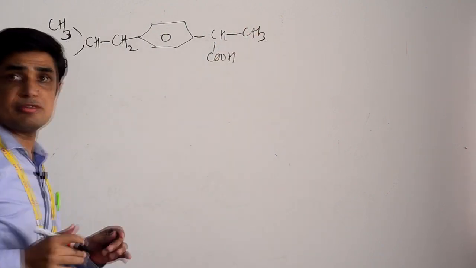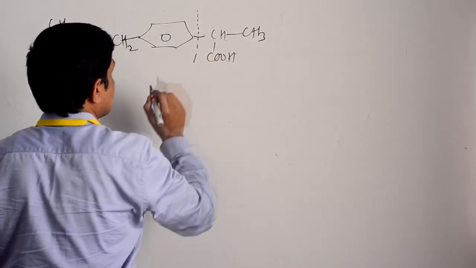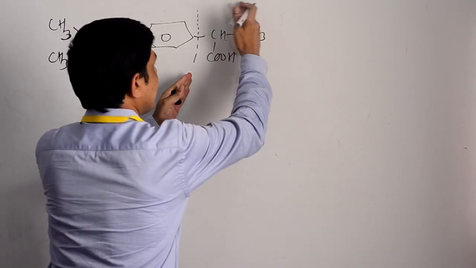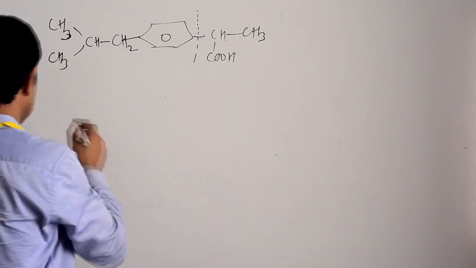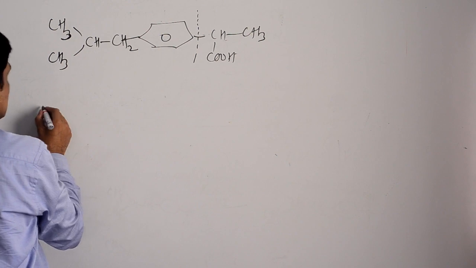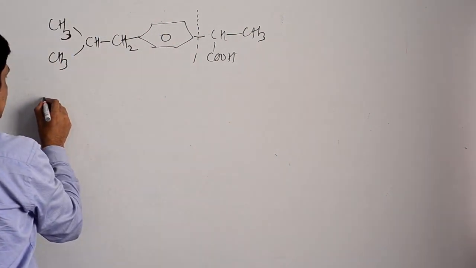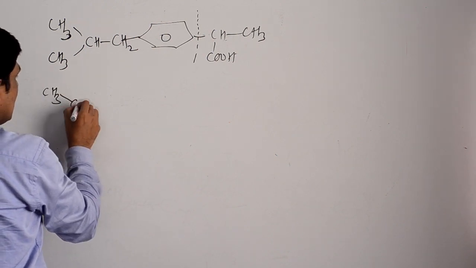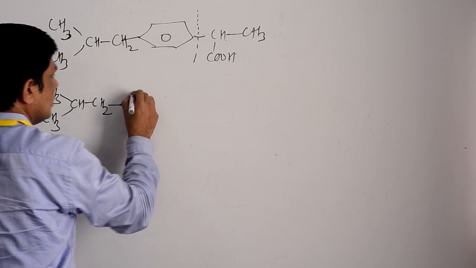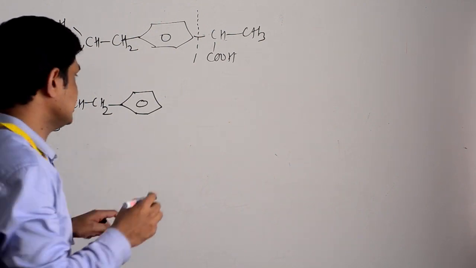So this is the structure of ibuprofen. Suppose we break the structure from here, so we can take the starting material of this portion and then we have to add this portion. So the first step of the synthesis is to take isobutyl benzene.